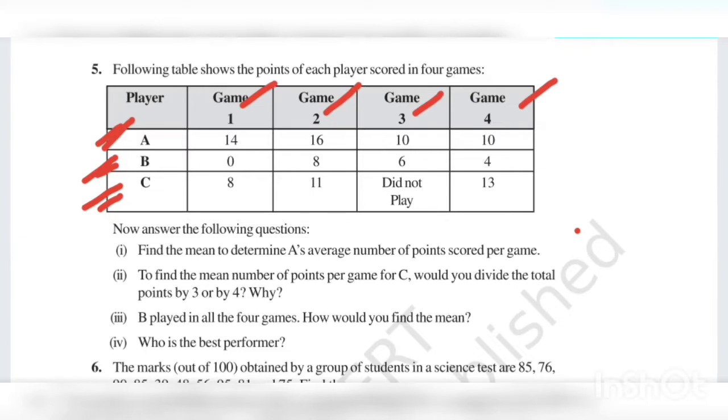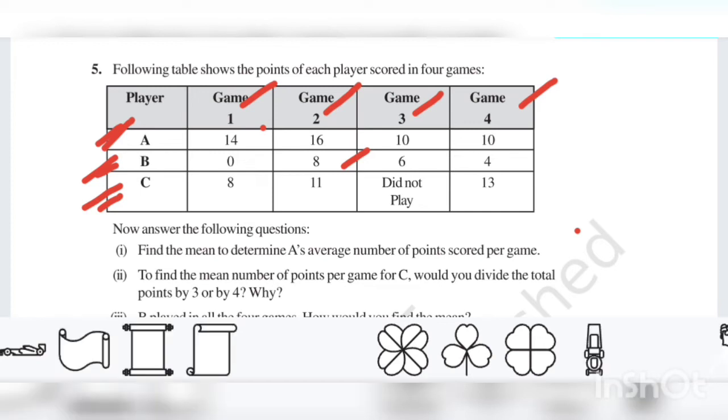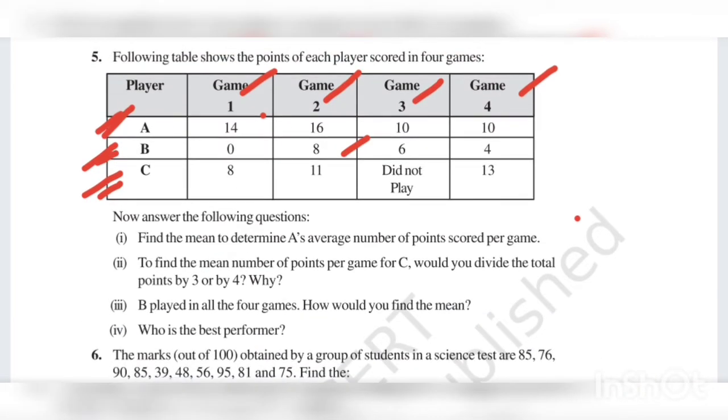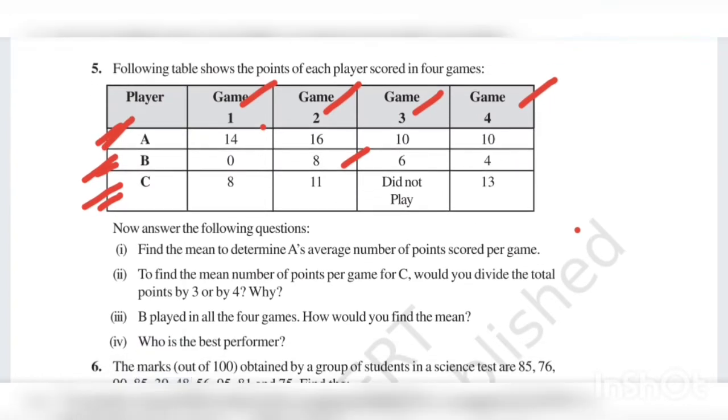Game 1, A has scored 14 points. Game 2, B has scored 8 points. Game 3, C did not play. In this way, the scores of A, B, C in all the 4 games are mentioned through this table. Now, on the basis of this table, some questions are given.